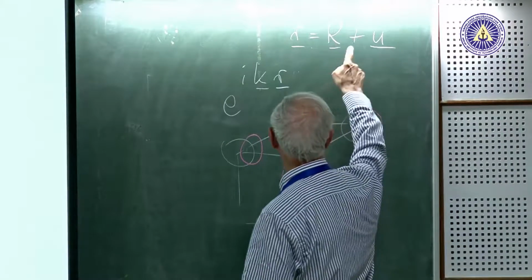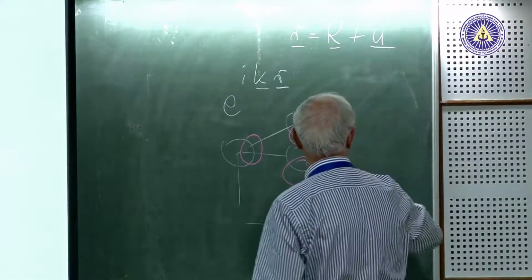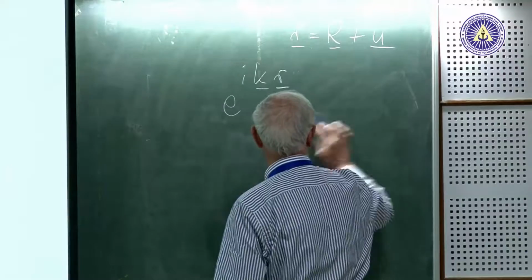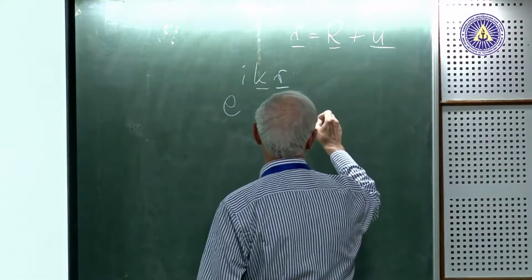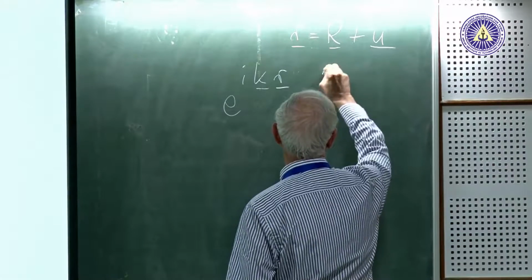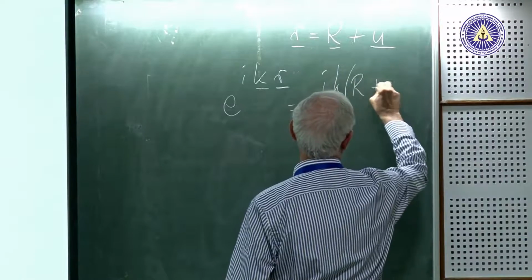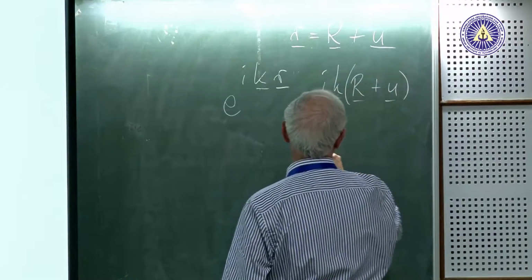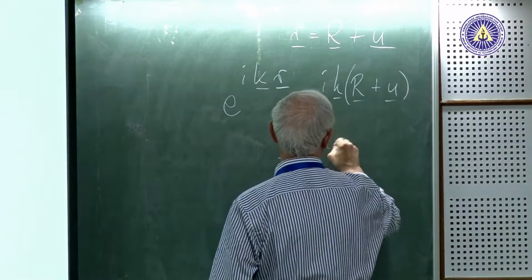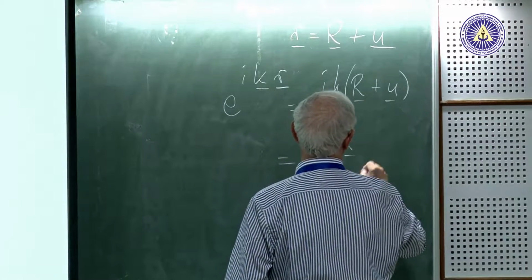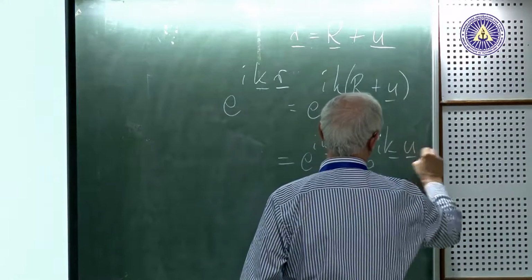Now, if you put this into that, then you get e^(i k·(r+u)), which is again e^(i k·r) times e^(i k·u).